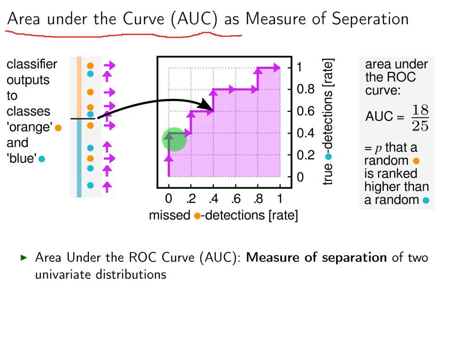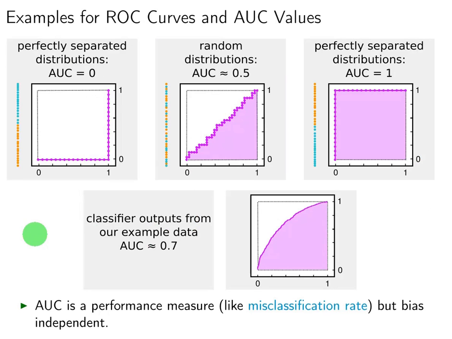Second point, another arrow. While here, if the blue point is detected as orange, then we increase the misdetection in this way, and then another curve here. The task here would be to maximize the area under the curve between different features. We can use it as one measure of separability.